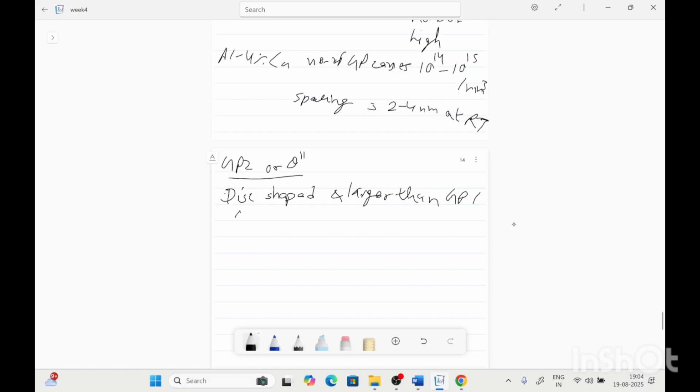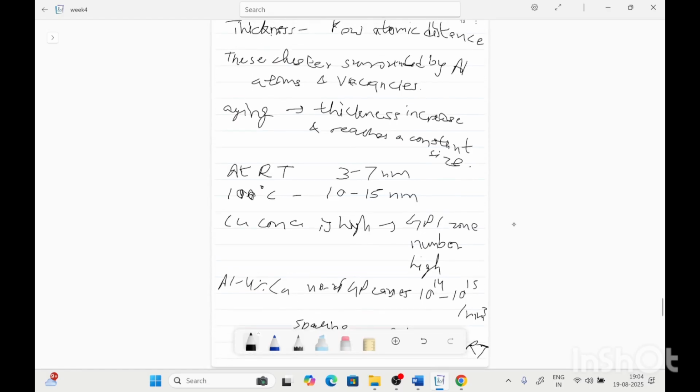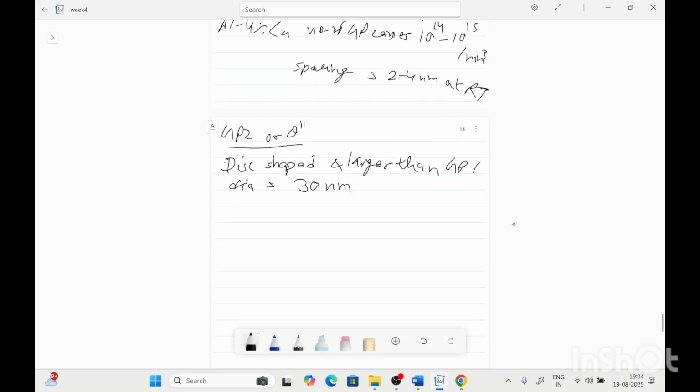The diameter of this disk is around 30 nanometer, whereas in the GP1 zone the maximum increase is only up to 10 to 15 nanometer. And the thickness also increases up to 10 atomic planes, generally 4 nanometer.